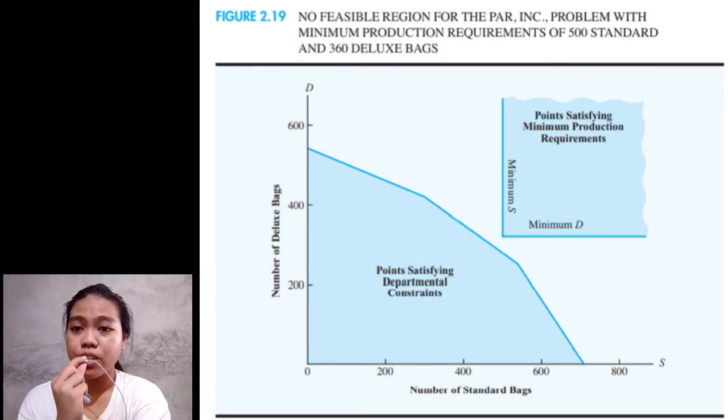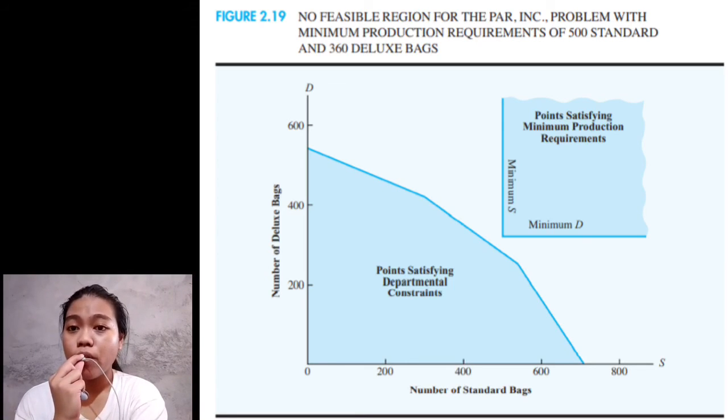Now let's proceed to infeasibility. Infeasibility means there is no solution to the linear programming problem that satisfies all of the constraints, including the non-negativity condition. Graphically, infeasibility means that a feasible region does not exist.